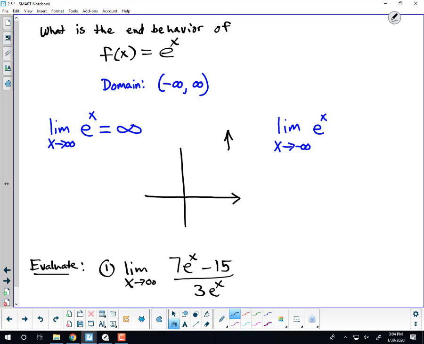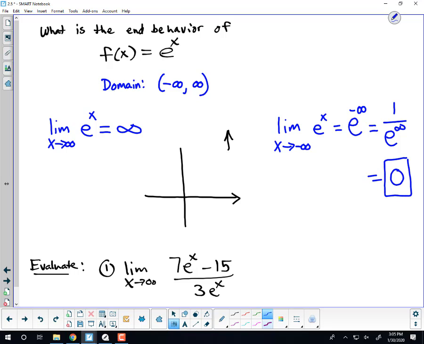How about as x approaches negative infinity, what happens to e to a large negative number? It approaches 0. Does everybody agree? Think about it this way. It's e to the negative infinity. We treat that like any other negative exponent: 1 over e to the positive infinity. 1 over a super large number is a super small number.